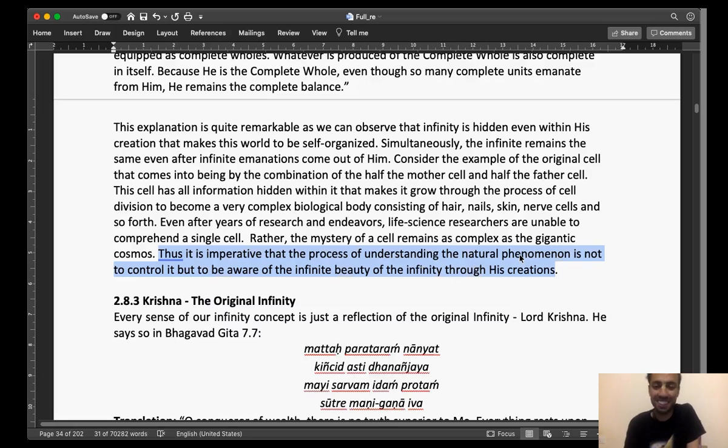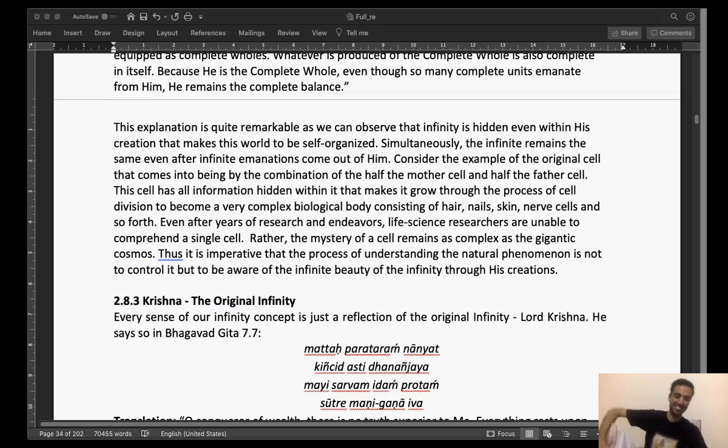Today I am able to appreciate this point in a much different way. This chapter, every paragraph is very deep.